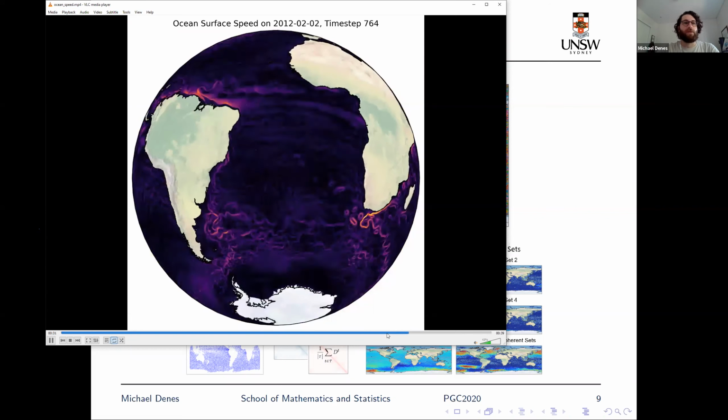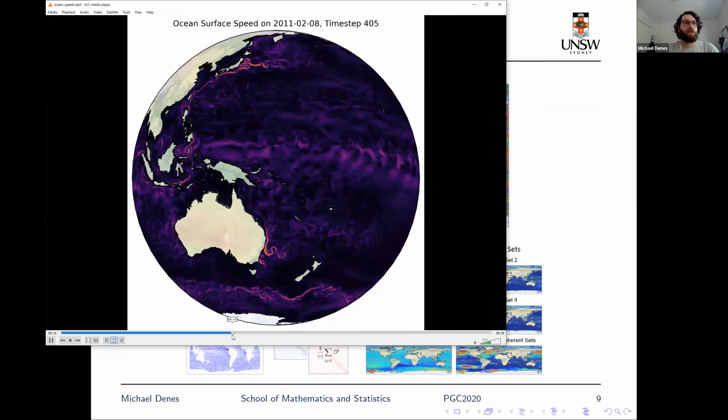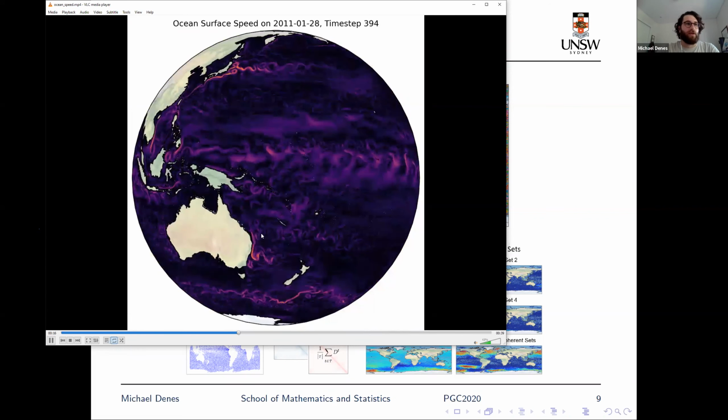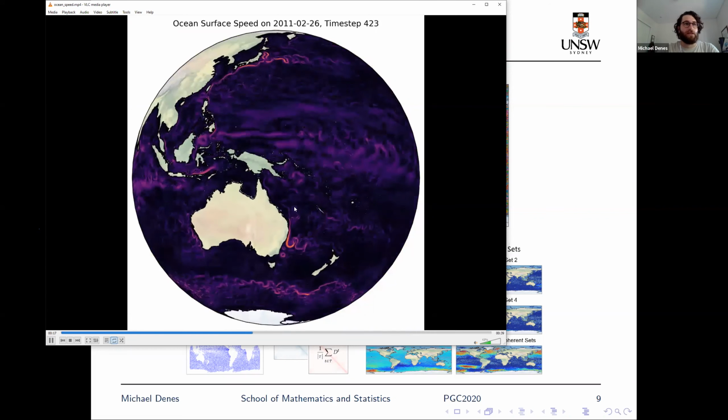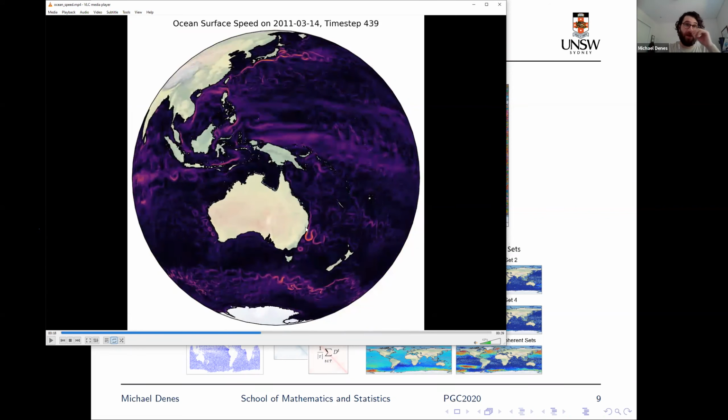A similar thing happens in the East Australian Current. So the East Australian Current comes down the East Australian coast, so the western boundary of the Pacific Ocean, and it turns back on itself and forms these rings. So these are the eddies formed by pinching of the East Australian Current.